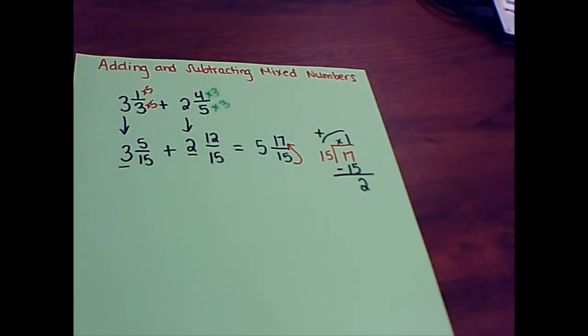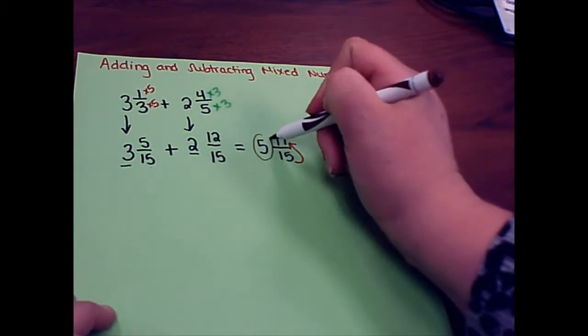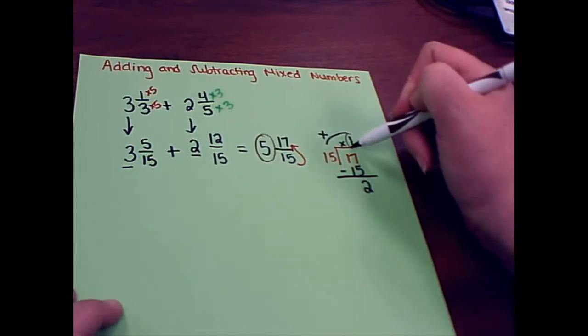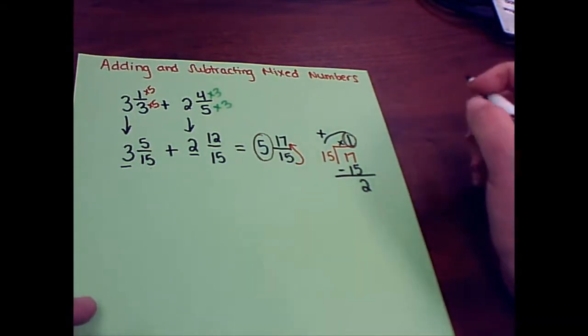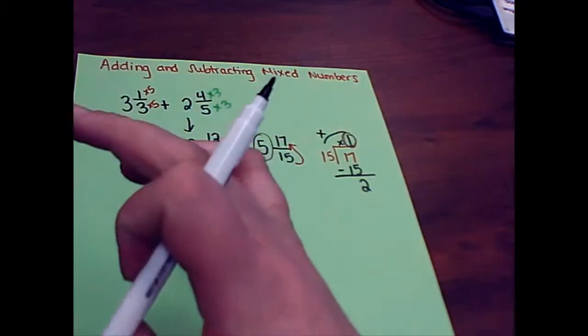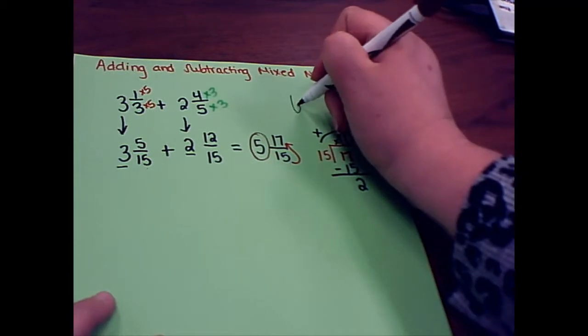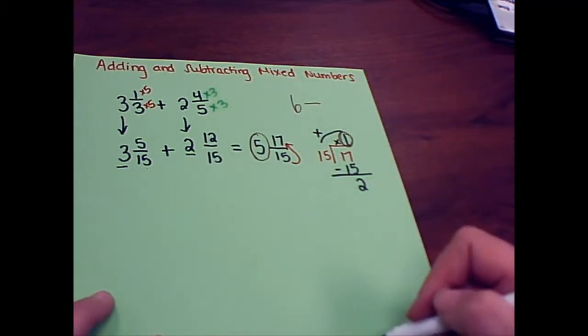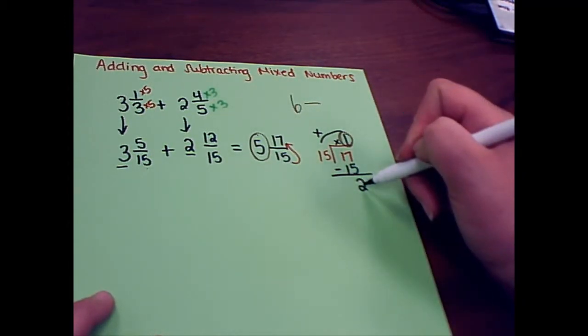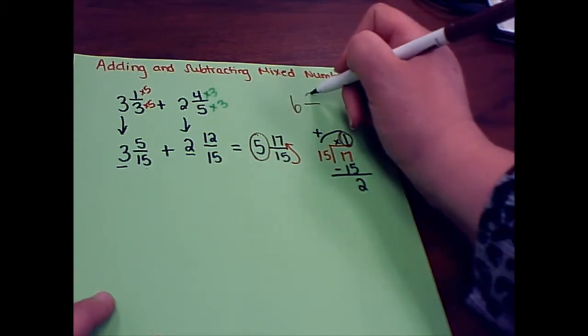Here's where we really have to pay attention. I had the whole number of 5, and I have another whole number of 1. I need to add those whole numbers together. So 5 plus 1 is 6. That's my whole number. Whatever's left over is my numerator. That's 2.